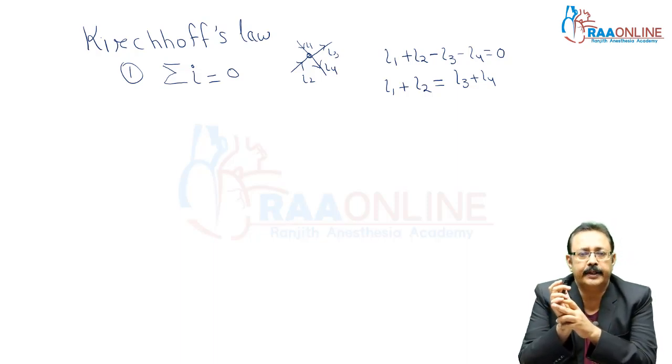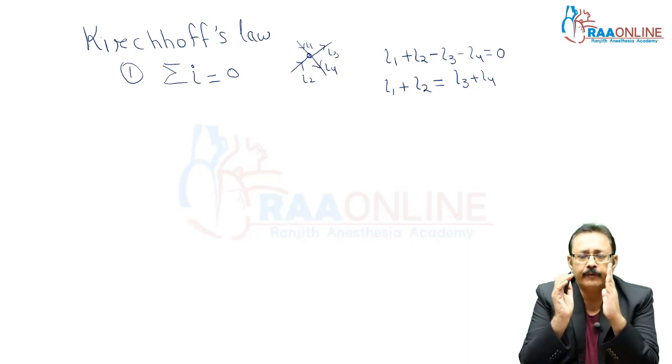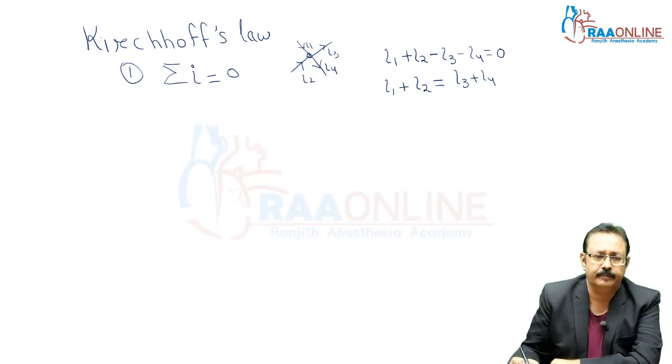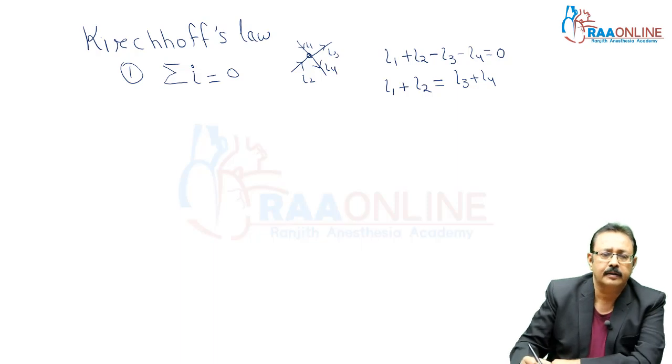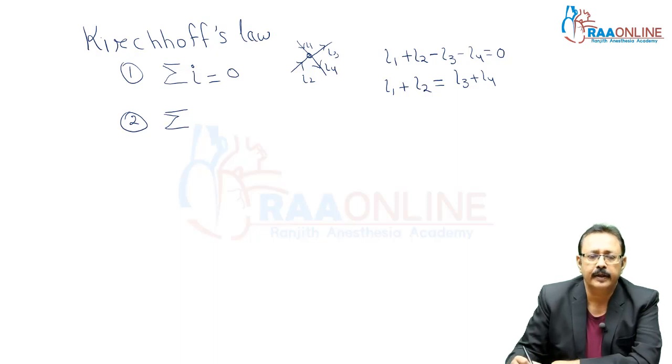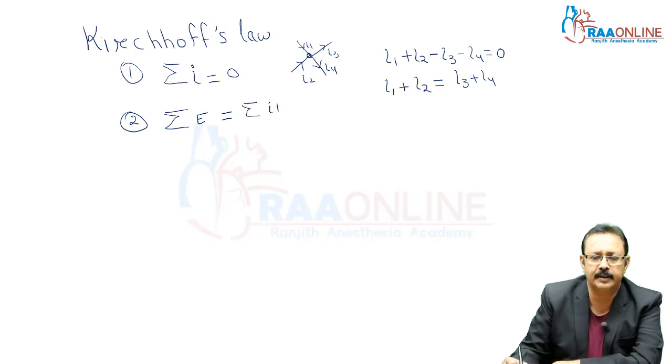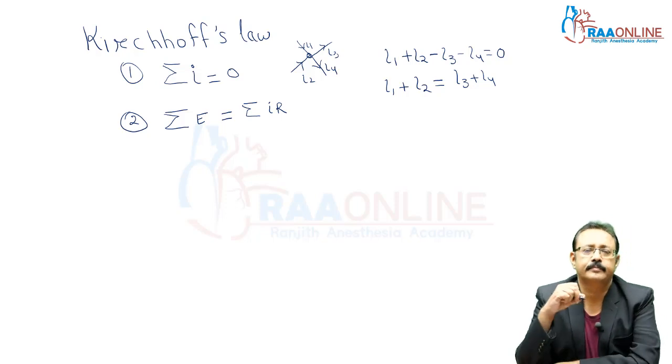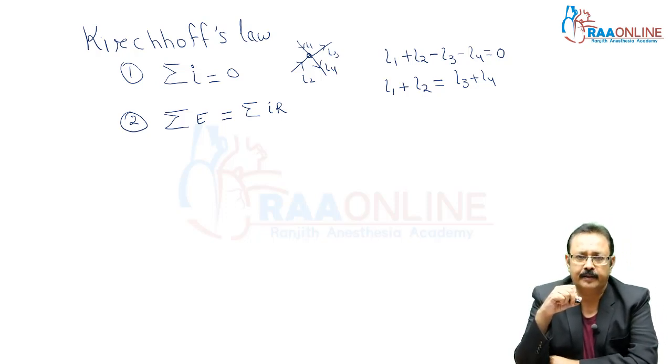What does the second law state? In every closed mesh, the summation of EMF of cells should be equal to the summation of the product of current and resistance. What is the sign convention for this?